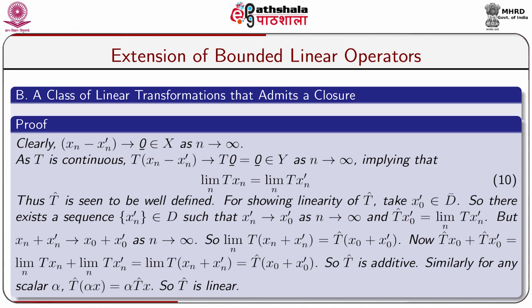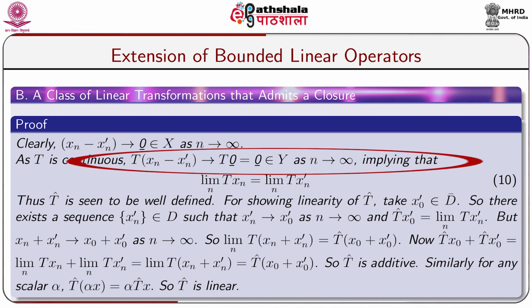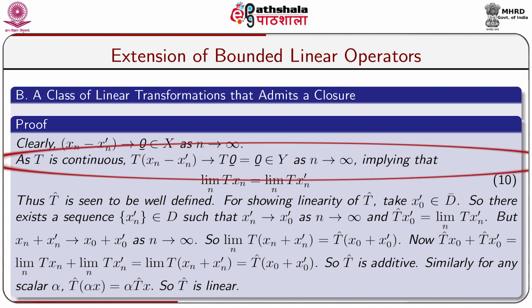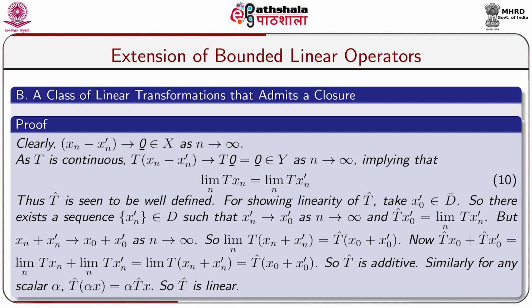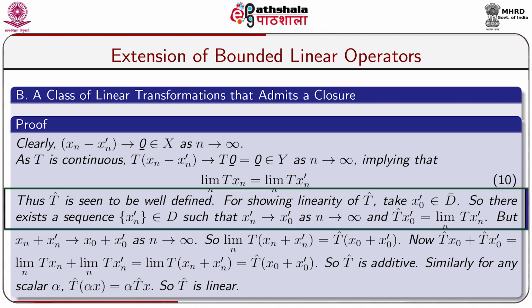Clearly, xn minus xn dash goes to the zero vector in X as n tends to infinity. As T is continuous, T of xn minus xn dash goes to T of the zero vector, which is equal to the zero vector in Y as n tends to infinity, which implies that limit Txn equals limit Txn dash. Thus, T hat is seen to be well defined.